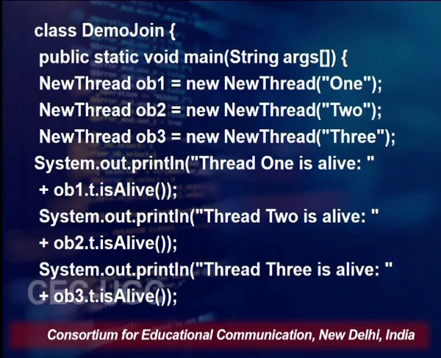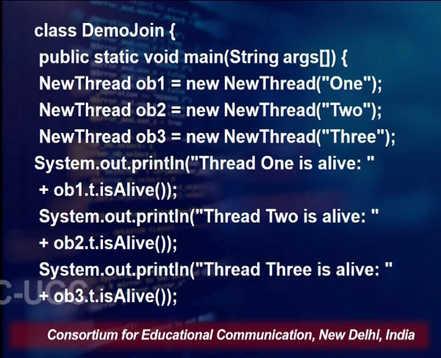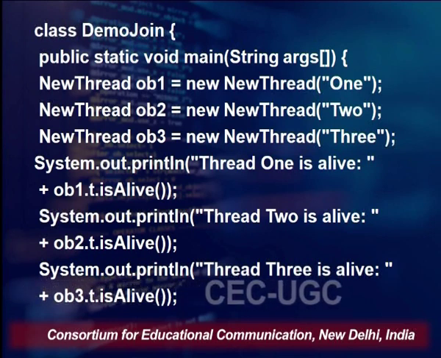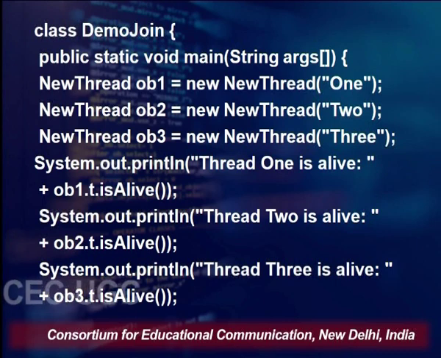Now we are going to print if thread 1 is alive, so we are calling isAlive on OB1: OB1.t.isAlive. Then we have thread 2, OB2.t.isAlive.